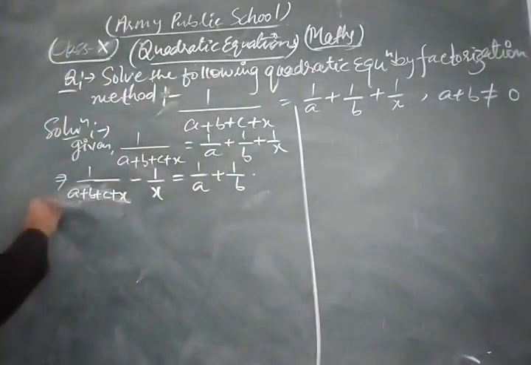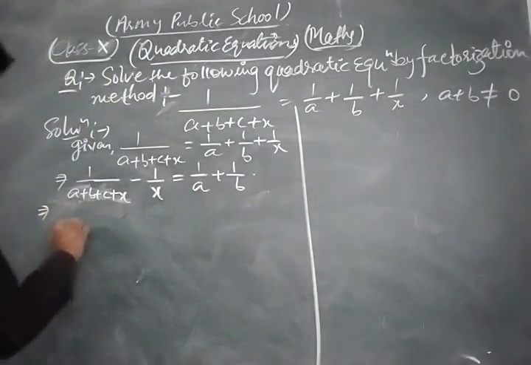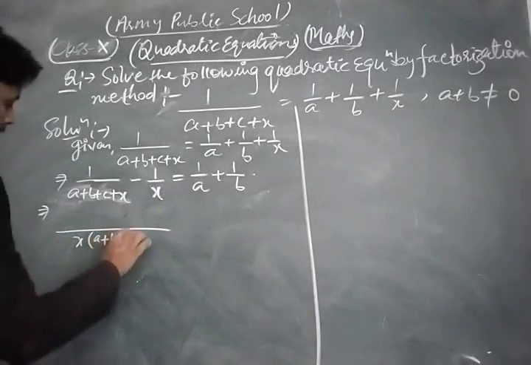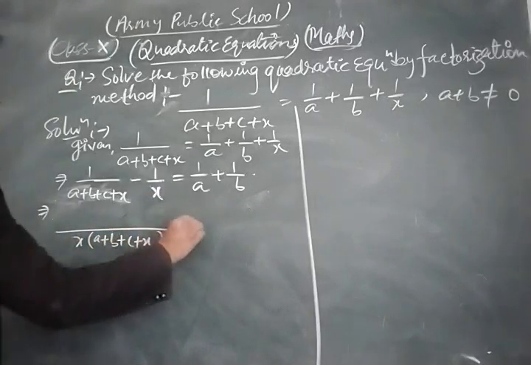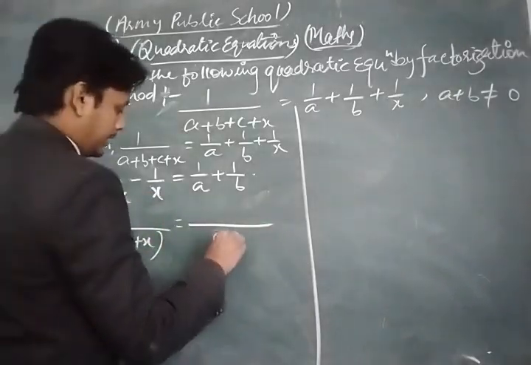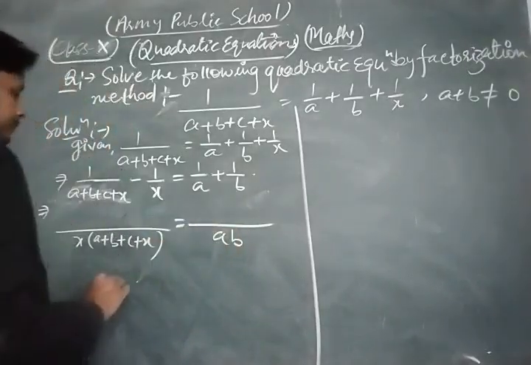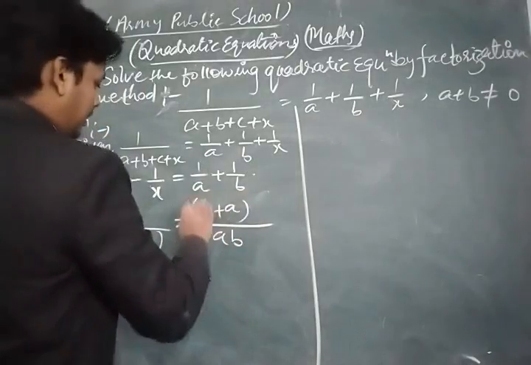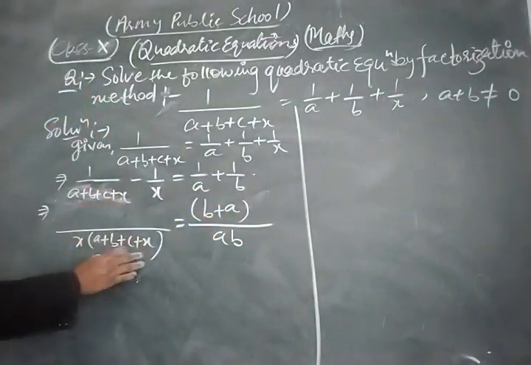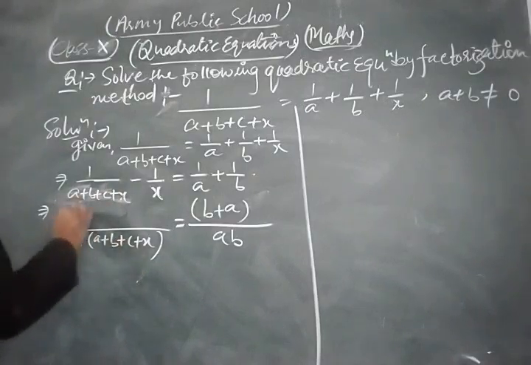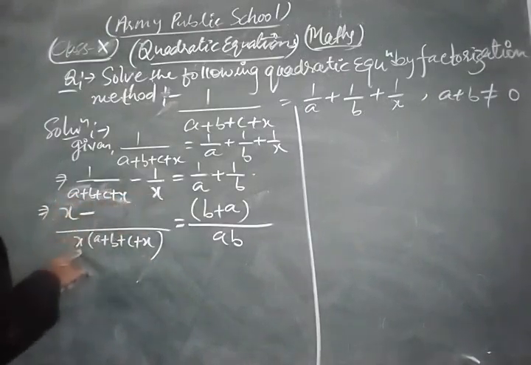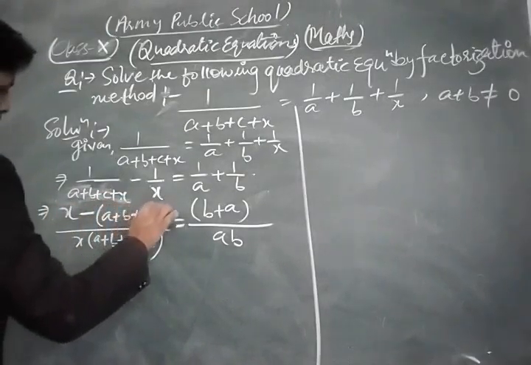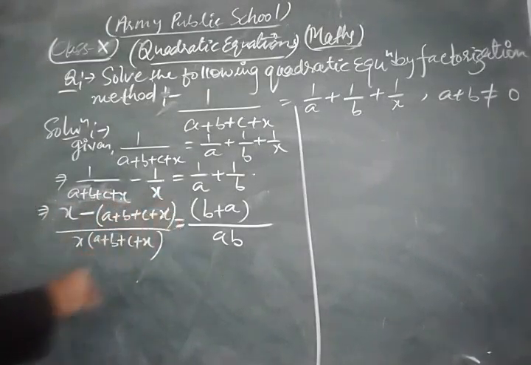Here we take the LCM x into a plus b plus x, and on the right side we take the LCM as a into b. Here we get b plus a. Now this one cancels out. So here we get x into 1, that is x, minus x cancels out, so we get a plus b plus x in this way.